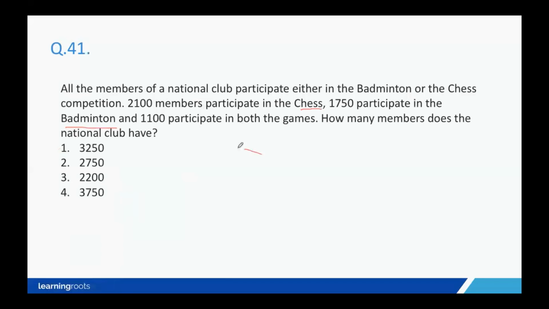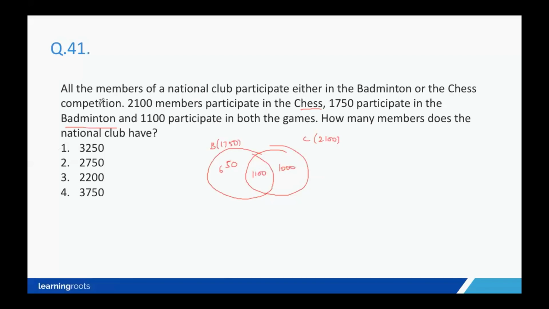The first method, which a lot of you will use, is the Venn diagram approach. So you have badminton, you have chess, 2,100 participate in chess, 1750 in badminton, 1100 in both. So this becomes 650. This becomes 1,000.